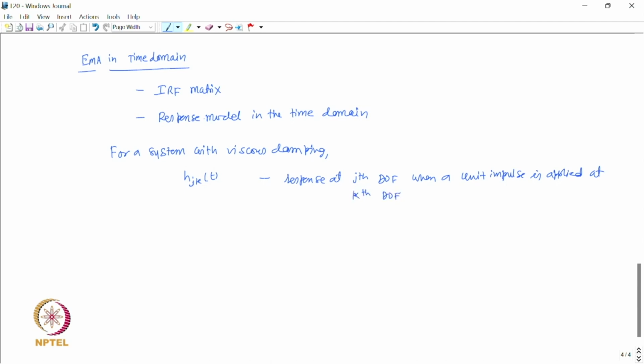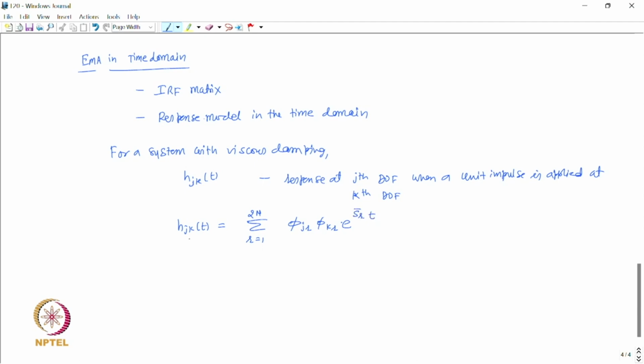And for a system with viscous damping, this relationship for the IRF h jk is given by the sum from r equal to 1 to 2n of phi jr phi kr e to the power s r bar t.